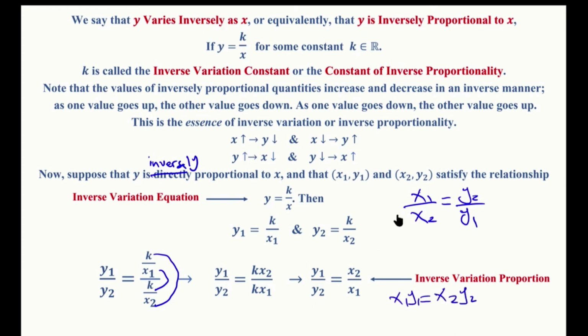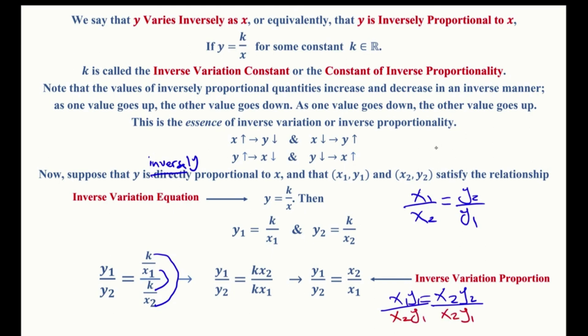Now if you want to get this form out of it, we divide both sides by x2 y1, because we want x2 there and we need to get rid of y1.